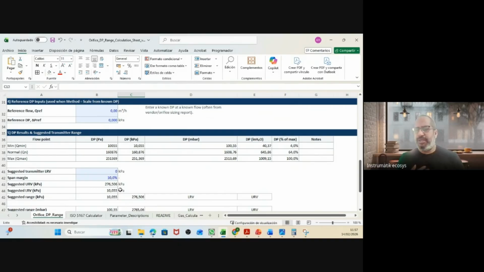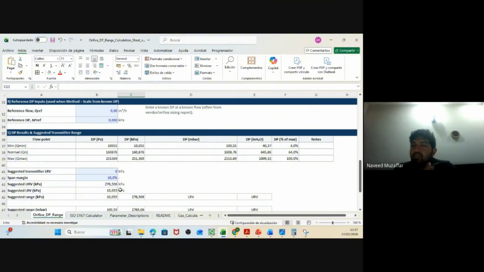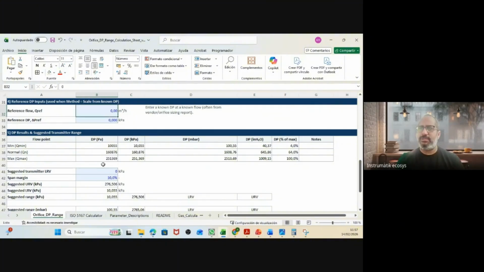My recommendation, in order for you to understand this very clearly, is to read and check very carefully the step-by-step calculation sheet. Go through the sheet, go step by step, try to understand very clearly where everything comes from, and then use this sheet.